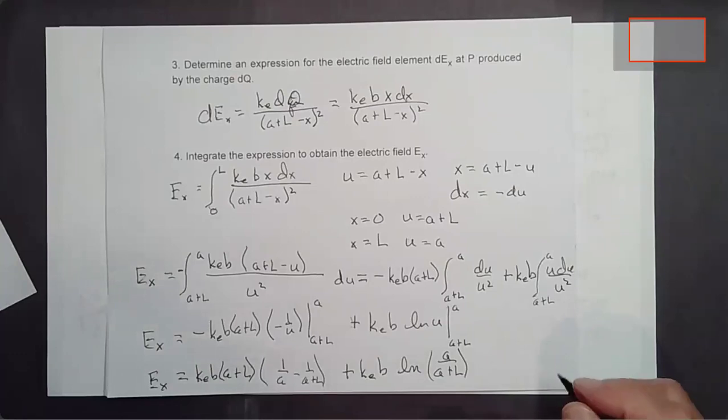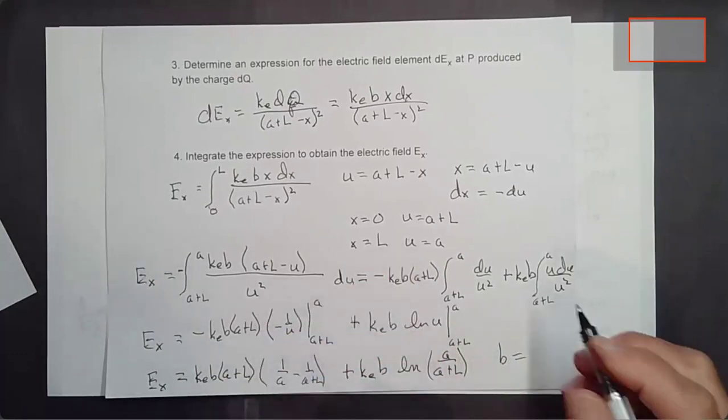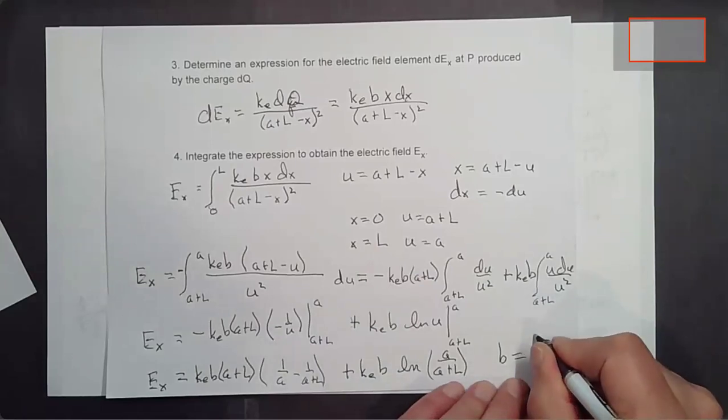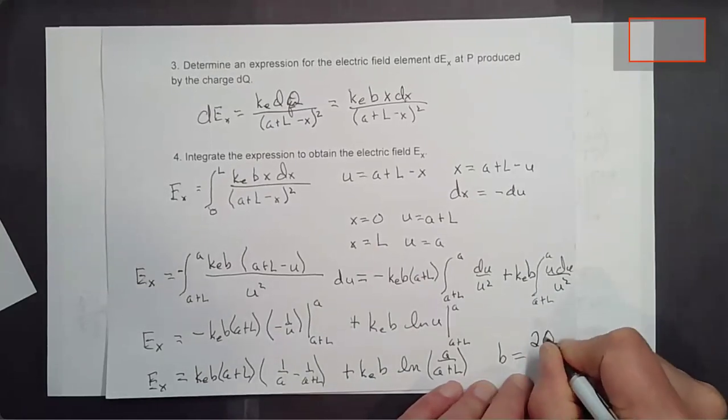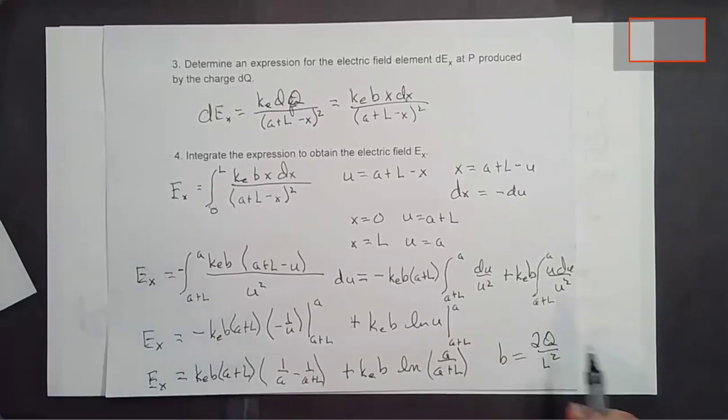Anyway, you could simplify it further. But then one thing I'd do along here pretty soon is to come back in and substitute b is equal to 2Q over L squared. And then it's just a bunch of algebraic substitution and simplification that you could do on here. But that's the main part of the problem.